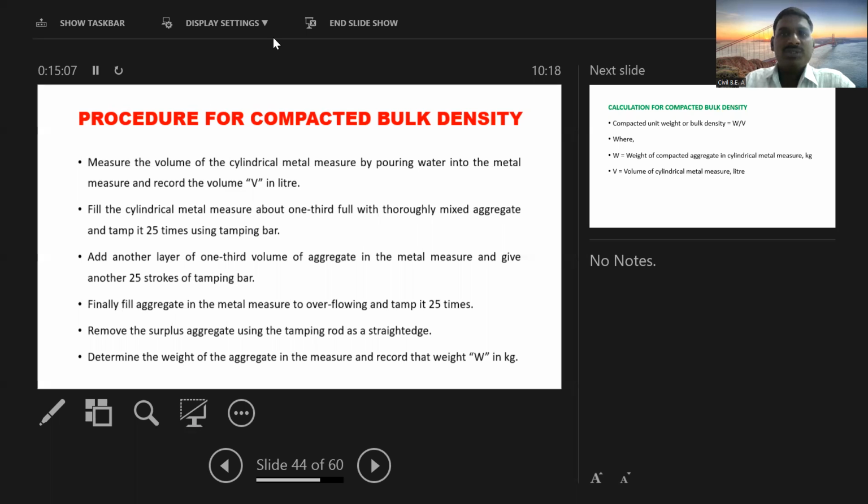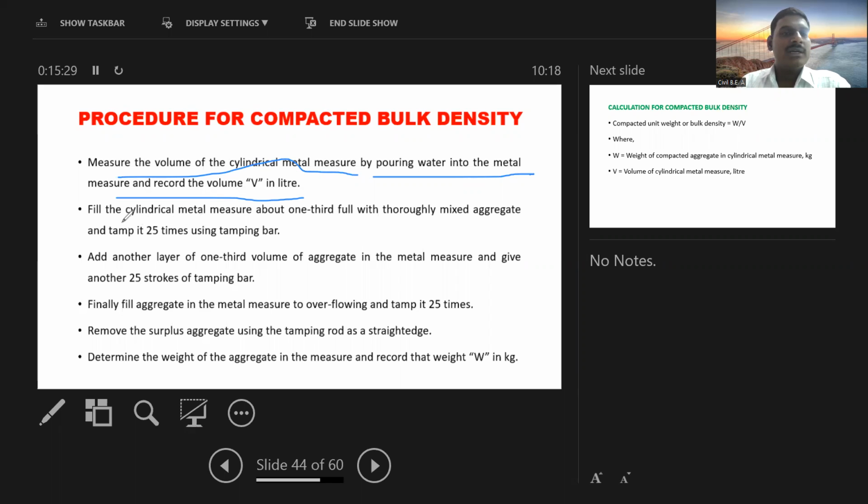So if you see the procedure here, again, measure the volume of the cylindrical metal measure by pouring water into the metal and record the volume V. Similarly, the cylinder is there, so measure the volume of the cylinder in liter in the initial state.